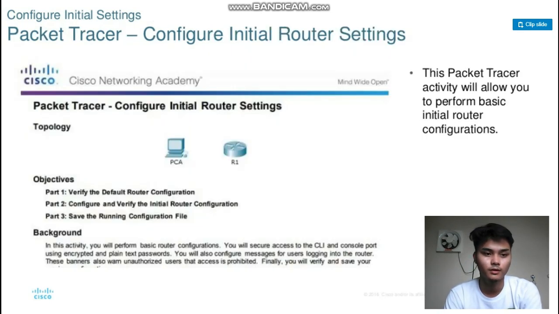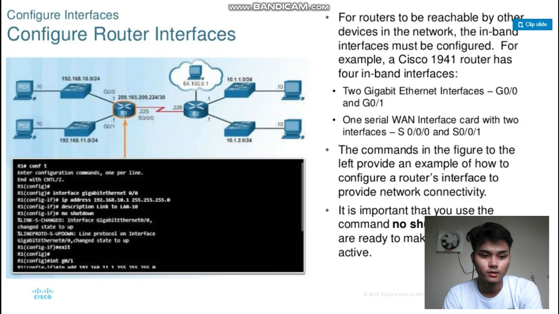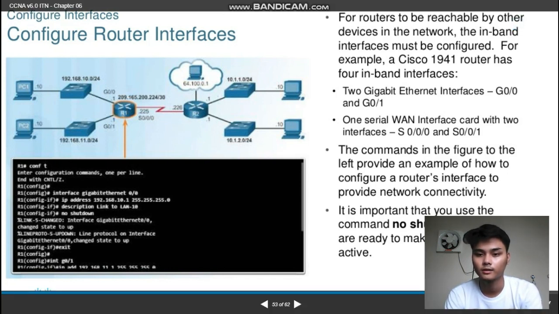So we have here Packet Tracer. Configure a router interface. For routers to be reachable by other devices in the network, the in-band interfaces must be configured. For example, the Cisco 1941 router has 4 in-band interfaces.